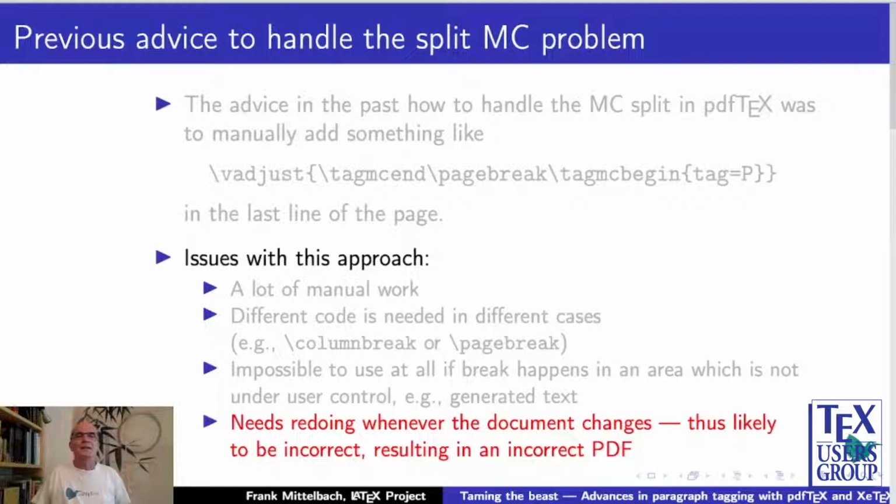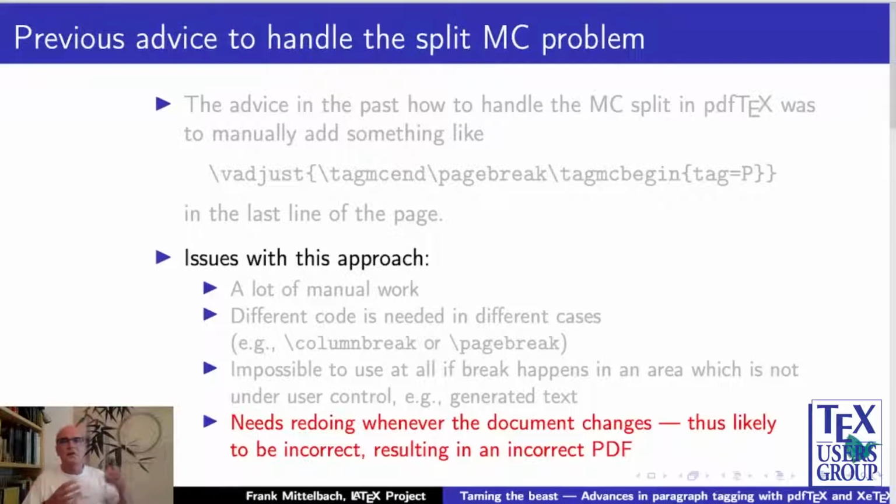And in all likelihood, this means that you make mistakes or you forget to check and update after a change. In other words, it is not really a practical way to work, even though it was the best we could do in the past. So what should we do to tame that beast?